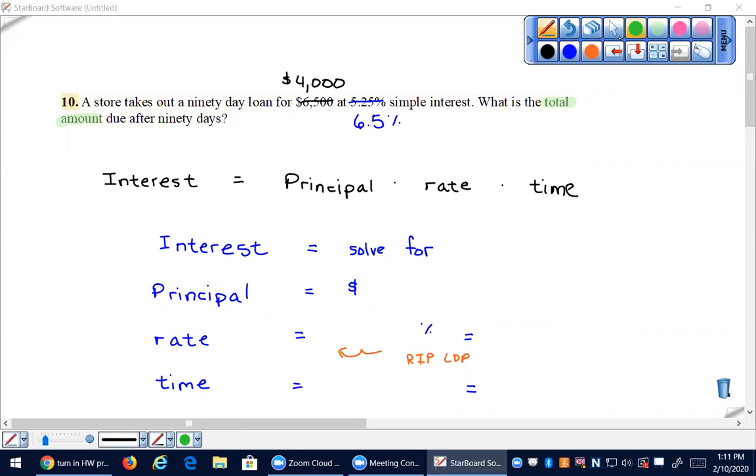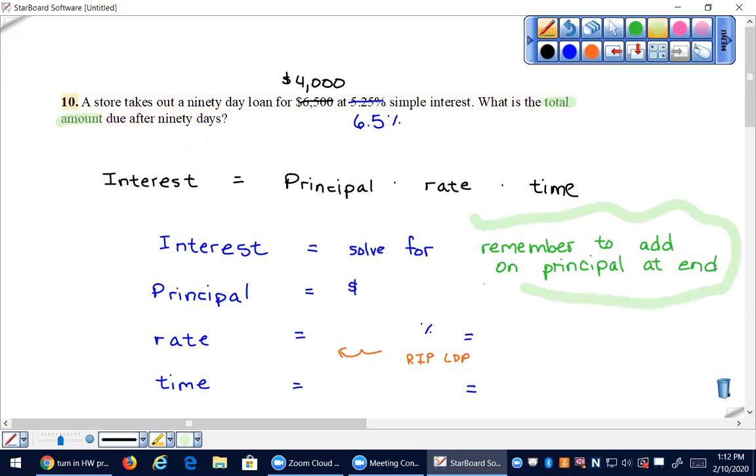I'm going to make a note that we all remember to add on principal. So that's just my thing that I wouldn't really write, but I am because I'm lecturing. Because it asks for that. What's the total amount? Everyone see how it's worded that way? It's not about the math, it's just about the test question.